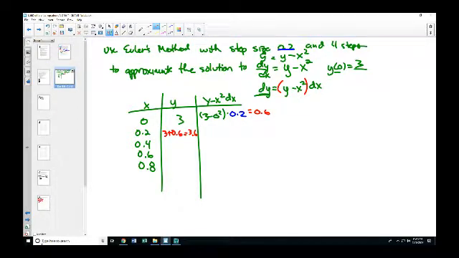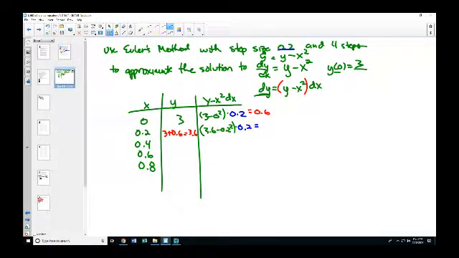So you see where I got 3.6? Yeah. All right. What's my next line? 3.6 minus the x value, 0.2 squared, times 0.2 again.